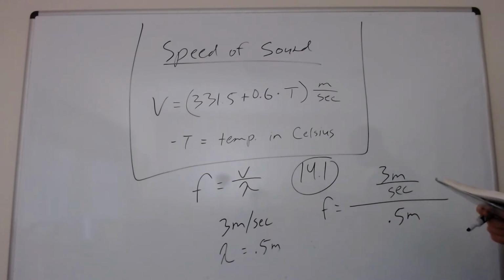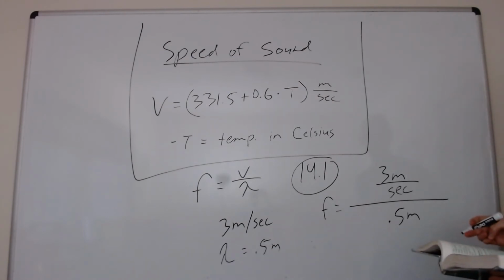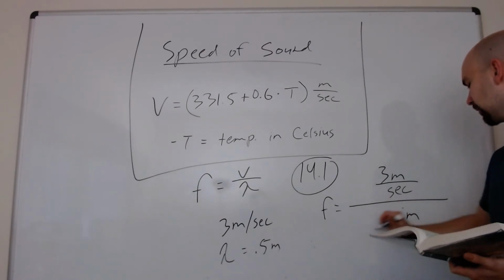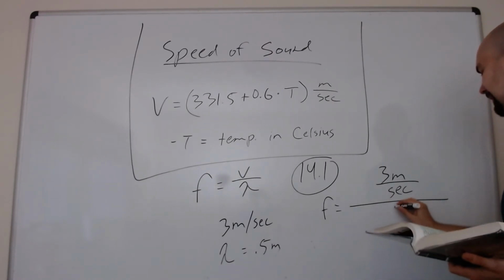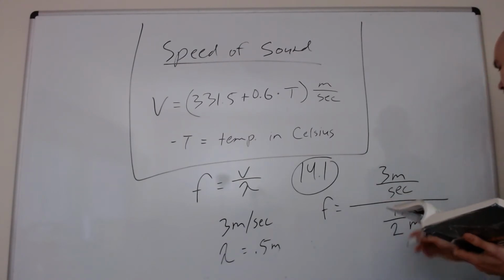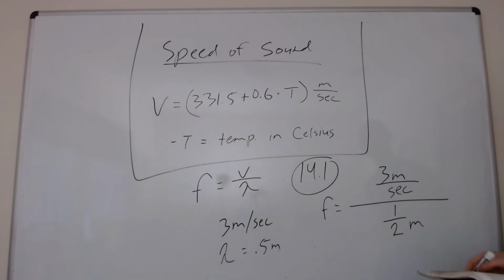All right, so if I really wanted to, I could go ahead and do this. I could write 0.5 meters per second, make this a true Taco Bell fraction. But I'm going to do it this way, because I like this better. So how do we deal with this unruly fraction? 3 meters over seconds and 1 over 2 meters. We can go ahead and do it this way.